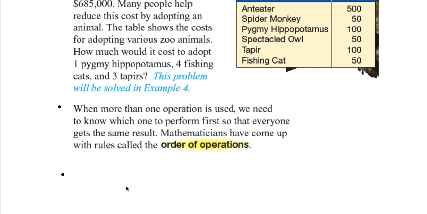When more than one operation is used, we need to know which one to perform first so that everyone gets the same result. Mathematicians have come up with rules called the order of operations. Think of the order of operations as opening the lock on your locker.